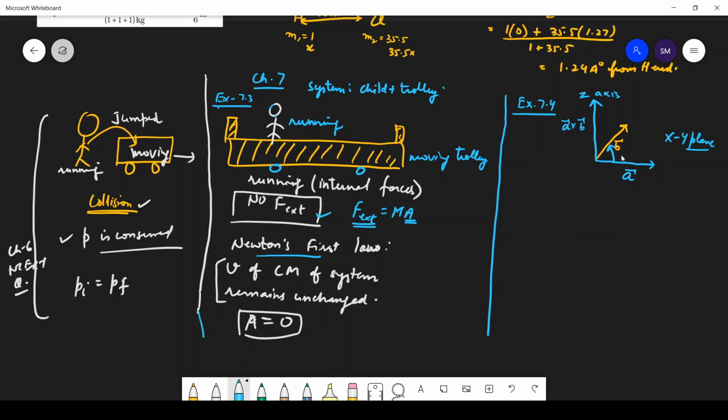This angle is theta, and the resultant will be in this direction.